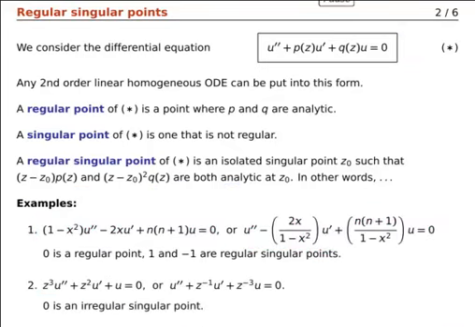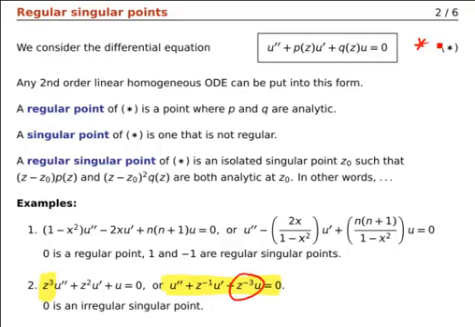And now here's another example. If you look at this equation, we start out with a coefficient z cubed in front of u double dashed. We divide through by it and get this equation there. If you look at the coefficient of u, this is the function q in the notation that we're using here.